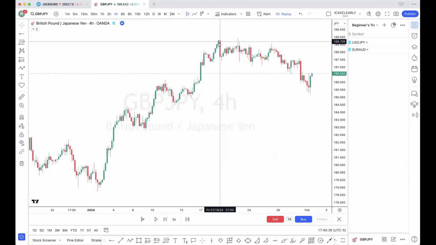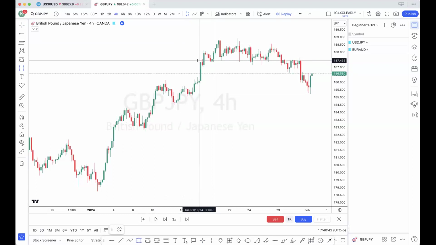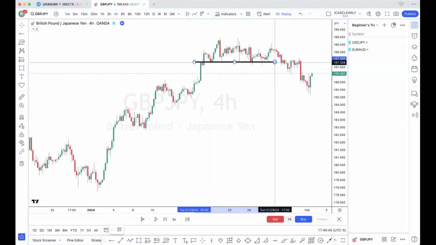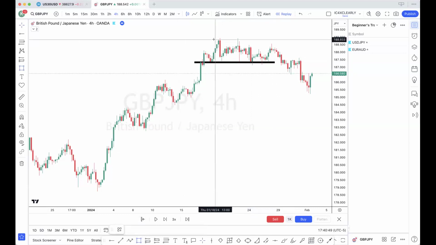Again, there are some zones here. Like before price started selling, this was the low, and then this was the high, right?